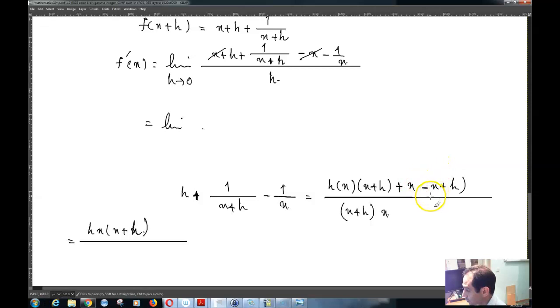What did we do here? Minus x plus h, right? So over here we get negative x, negative h. So x and negative x will cancel out. So you get only negative h over here.